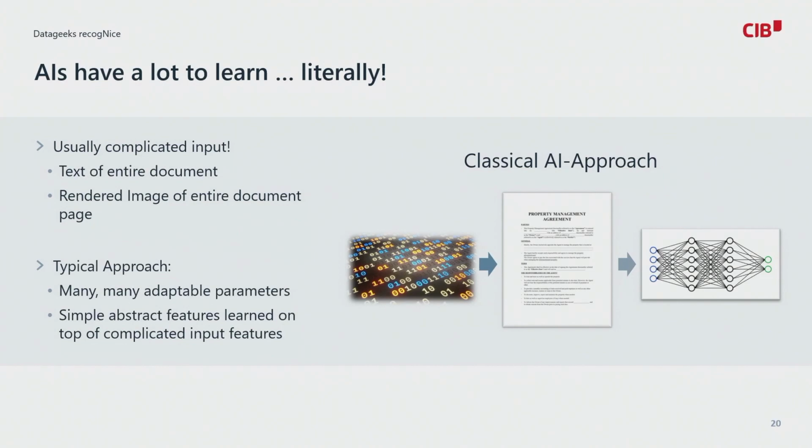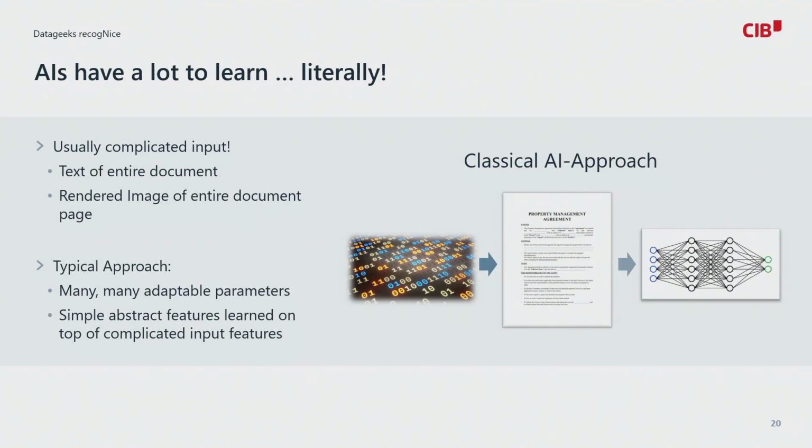Like we use the whole image of the document rendered, or the whole text of the document. And then AIs are trained on a large data set with millions of documents, and they form their own abstract features from these very complicated input features, and then use these features to do abstraction.